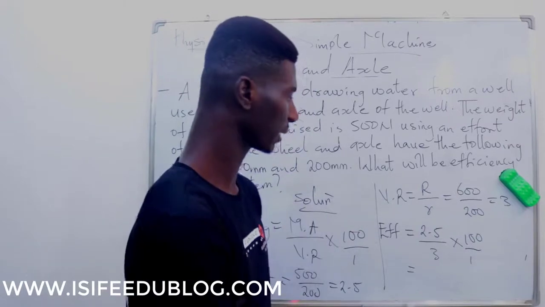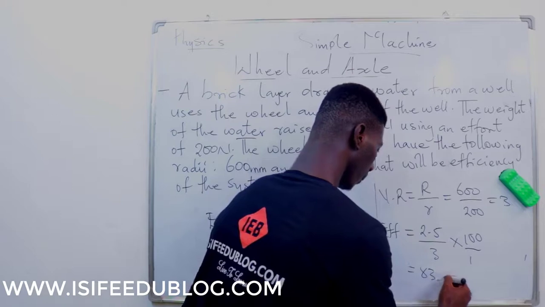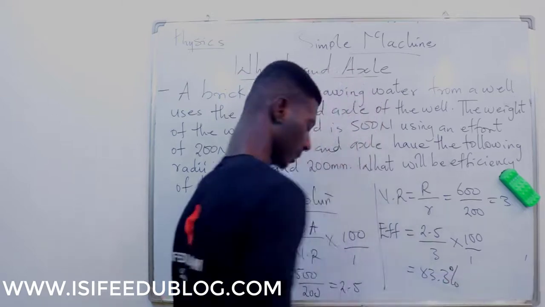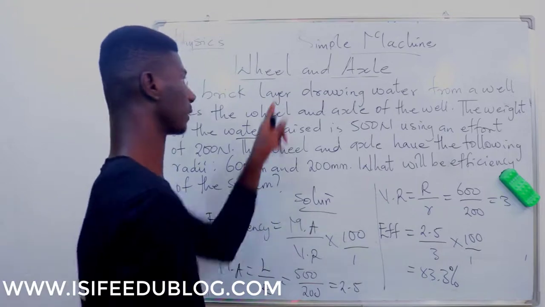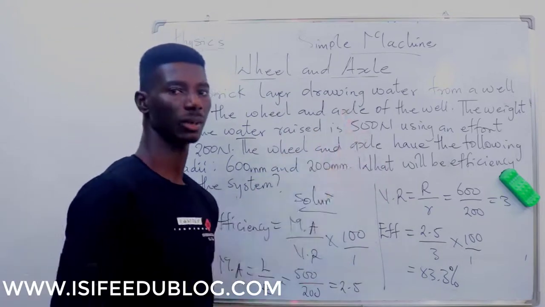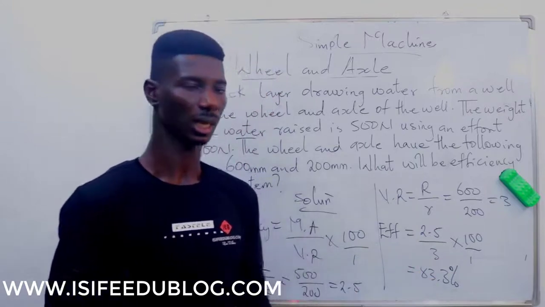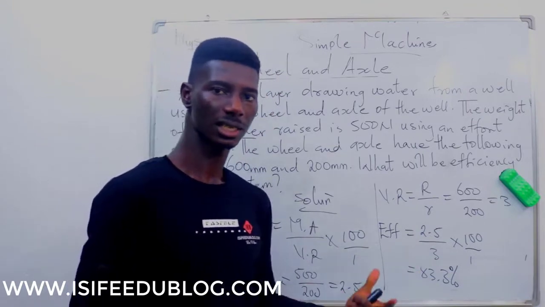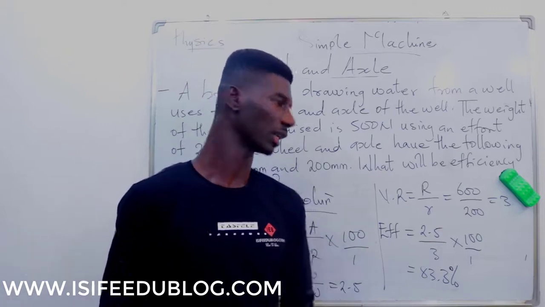So 2.5 times 100 divided by 3 gives us 83.3%. So the efficiency of this particular system with the information given to us is 83.3%.